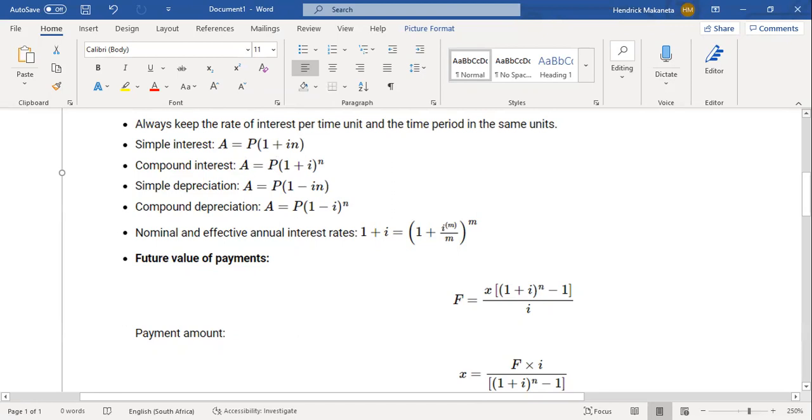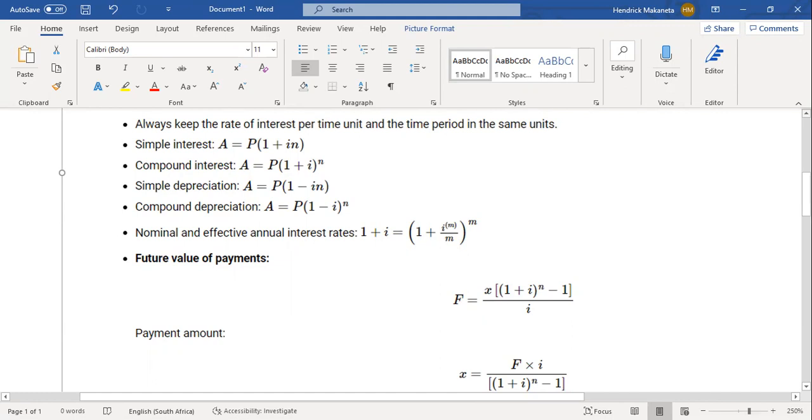The formula for the simple depreciation is the same as the one of the simple interest, except for the negative sign. So the negative sign simply means that you are now going to reduce the value. The original value of the car will be reduced. That is why we call it the simple depreciation, or the straight line depreciation.